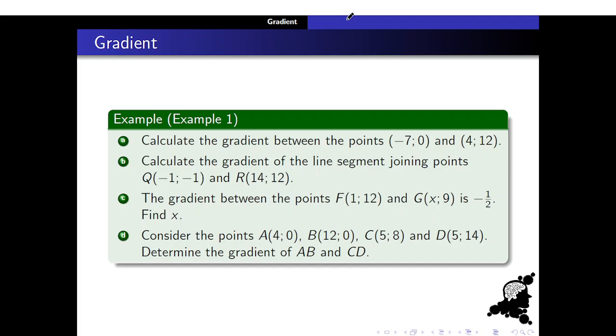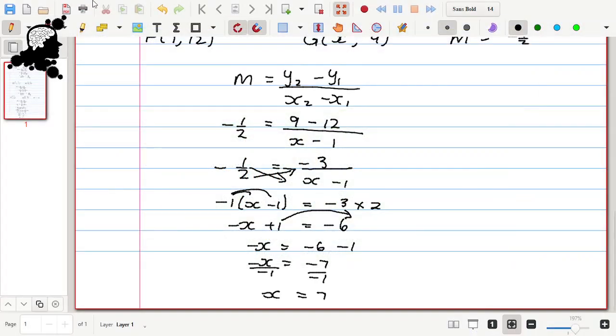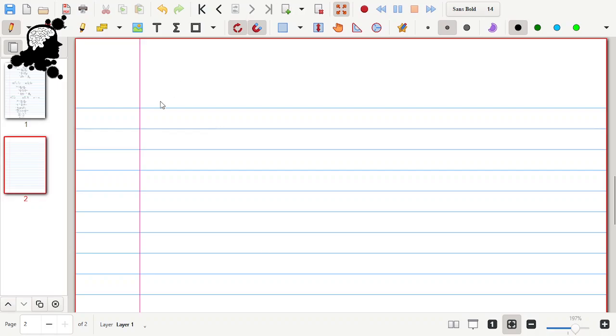So, in the next question, we've got the points a, b, c, and d. Now, the question says we need to find the gradient of ab and cd. First, let's go to our writing pad and copy down the points. We are given point A with the coordinates 4 and 0.